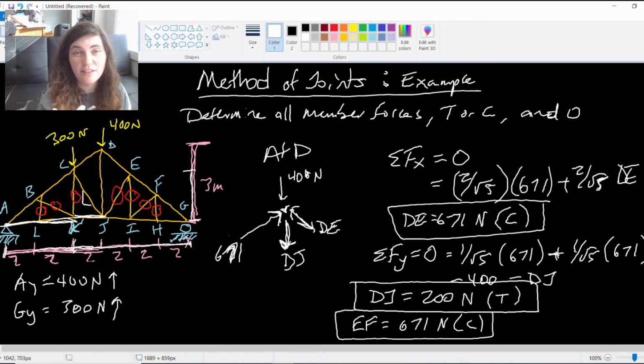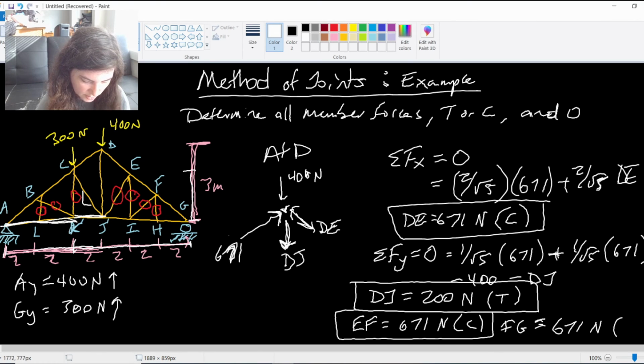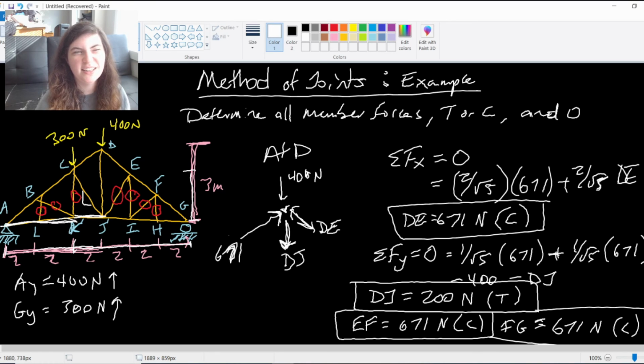And then again, EF and FG have to be the same because of all of the zero force members there. FG is also 671 in compression. So those are all the deductions I could make about the zero force members there, because then when I get to G, I have that reaction force that I have to account for.